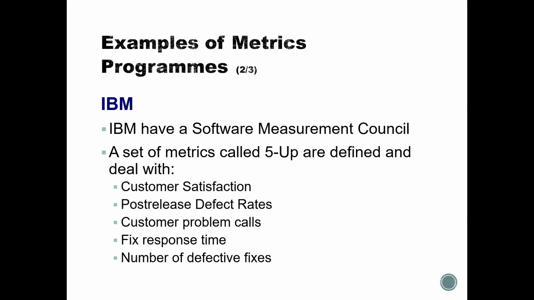So here IBM is more looking towards the process, I think. That means once the product is released, they want to know the maintenance process. The whole maintenance process is being seen in this example.